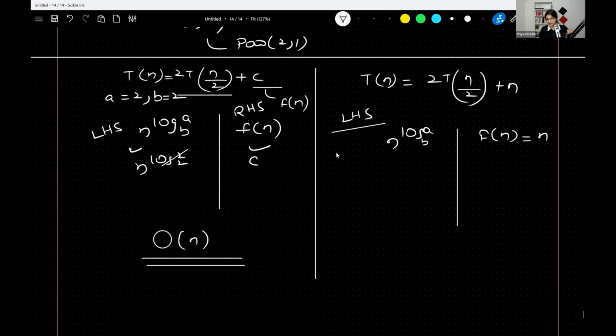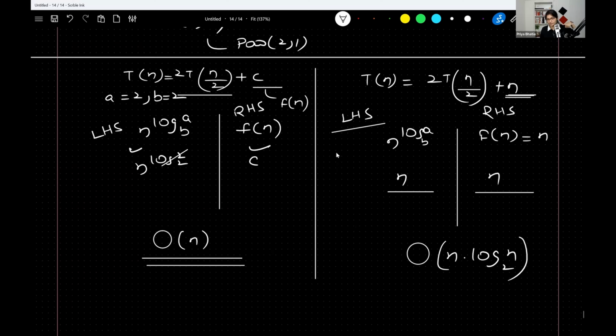This is f of n, the right-hand side part. If you solve this, this is also n, this is also n. At any point of time when you get similar complexity on both sides, your answer becomes whatever complexity you're getting, multiplied with the log term. So it will be n log n. Are you getting my point, what I'm trying to convey here?